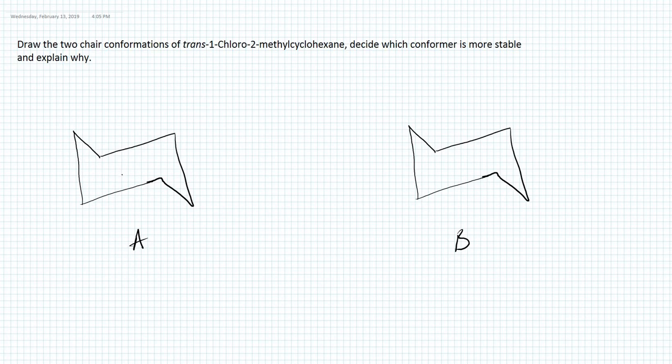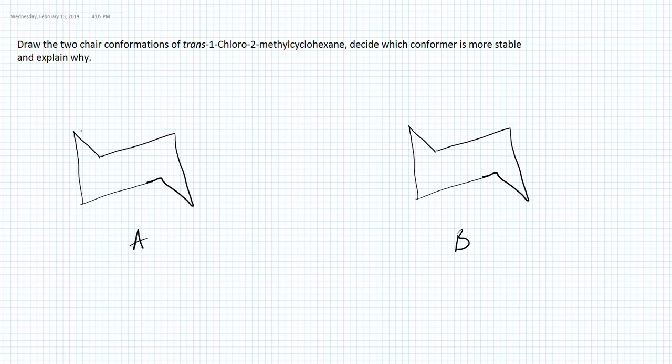In order to draw this chair cyclohexane, we have to number carbons in the ring. So we can say that this carbon is number 1, but it's up to you whichever carbon you want to start.